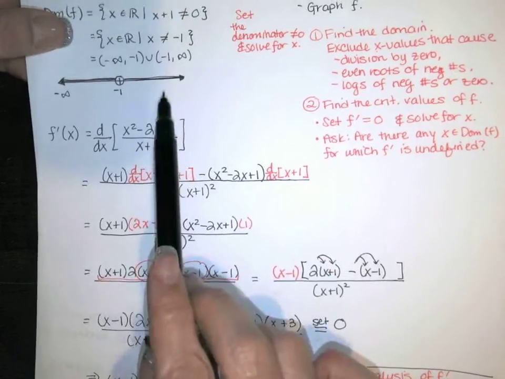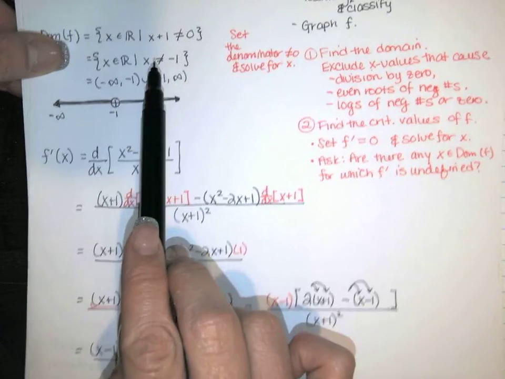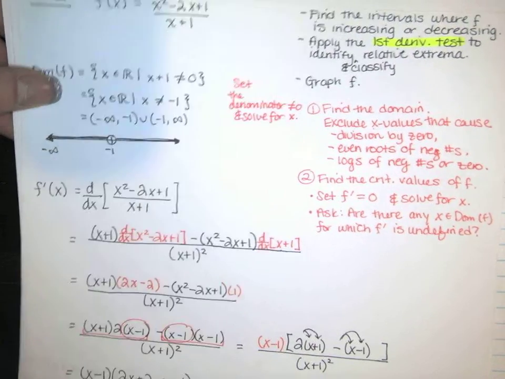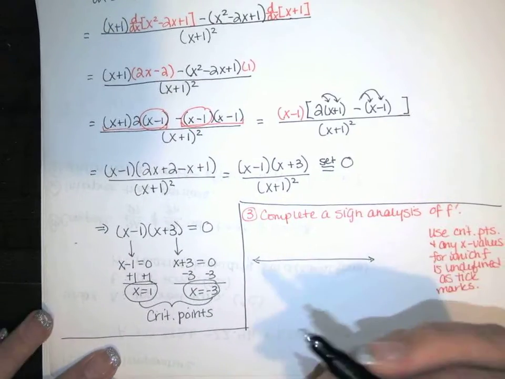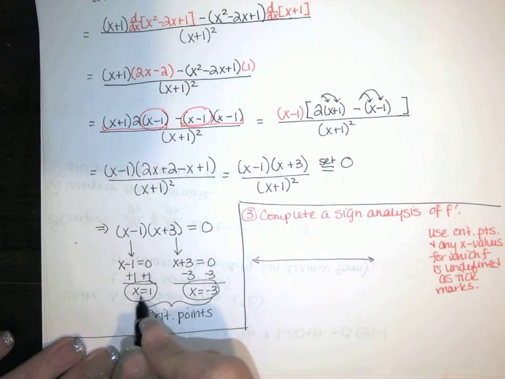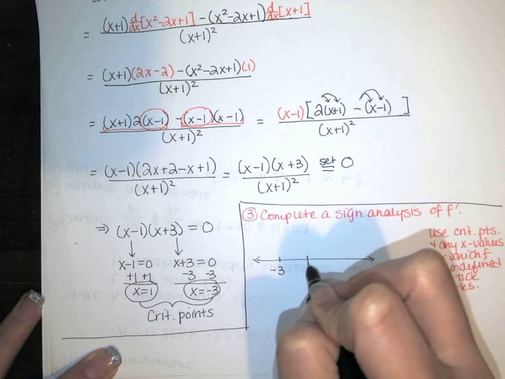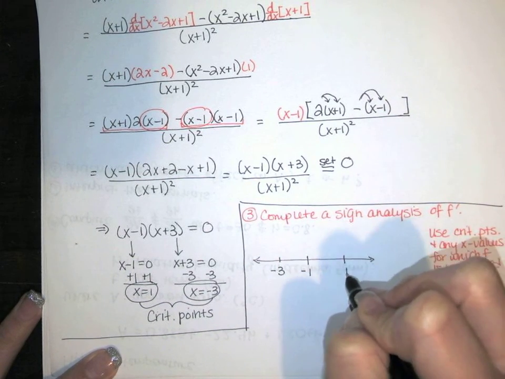So remember, f was undefined at -1, and we know that that would cause the denominator to be 0 when the numerator isn't, so that's a vertical asymptote. And then -3 and 1 also have to be on the number line, so we'll have -3 over here, -1 here, and x equals 1 over here.